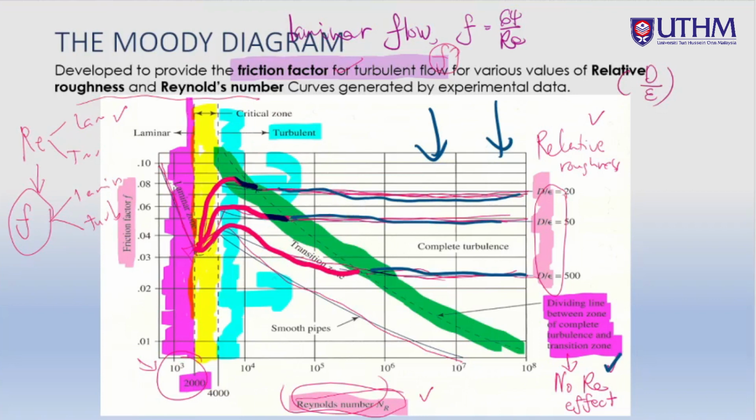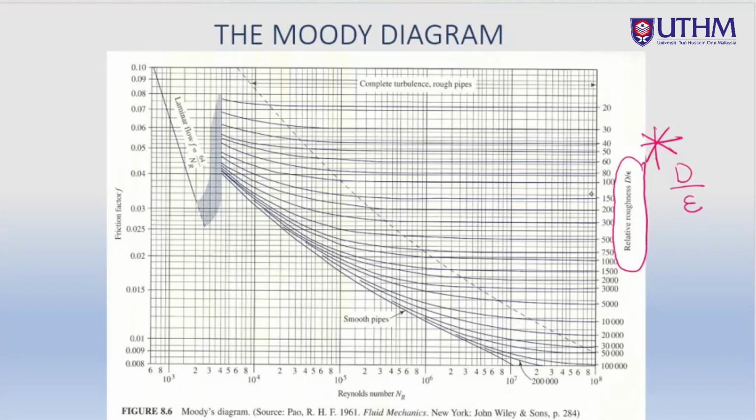Okay. Alright. So bila kita kata Moody diagram ni, bentuk dia pun berbeza-beza. Kalau kita tengok ini kat sini sekarang, the relative roughness is D over epsilon. Kan? Kalau dekat sini it a bit different. Dia yang ni sama, D over epsilon juga. Okay.